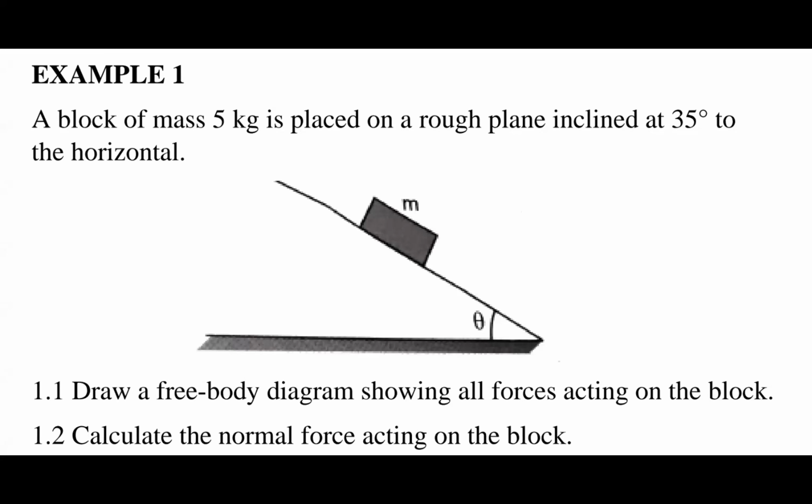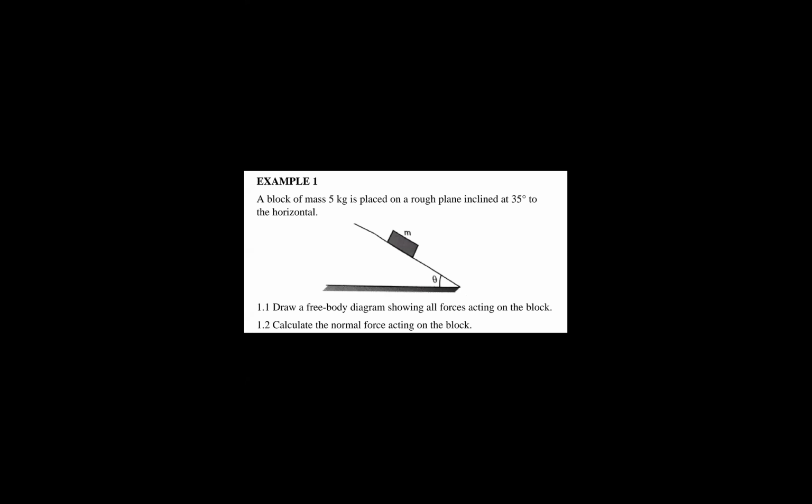Okay, guys, let us minimize our screen so that we can have a space to write. Now, the first question says draw a free body diagram. Okay, let me first read the statement. You must always read the statement before you attempt the question so that you can understand what the scenario is all about.